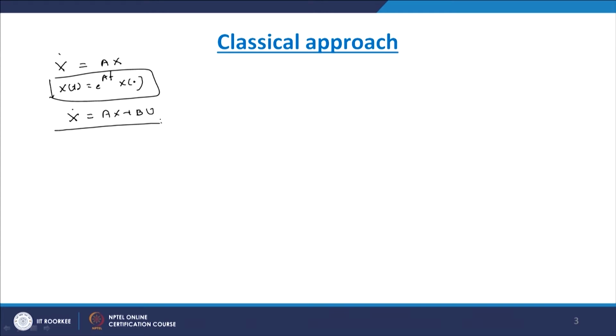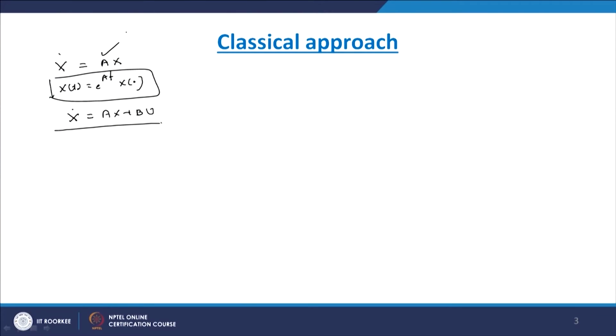Now, for this plant we require a state equation. As I told last time, the state equation plays a very important role, because the states play an important role in the complete system: how the state changes from initial time to final time, as well as at t tends to infinity.